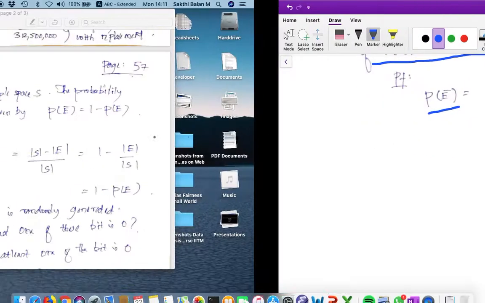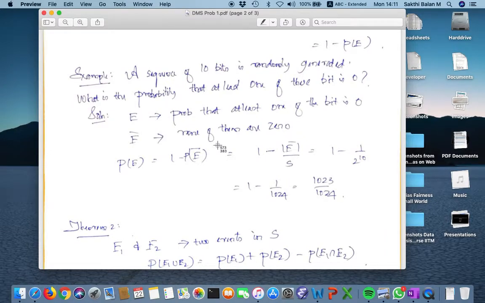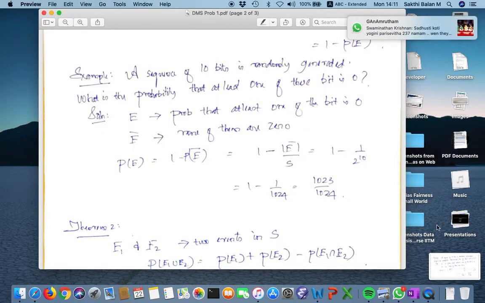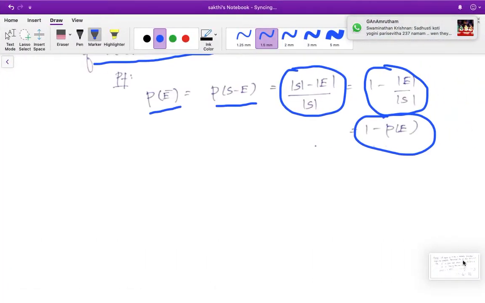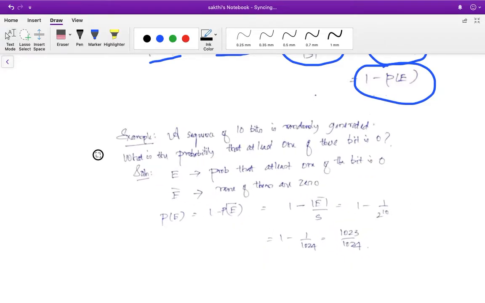Okay, so for that first example, we will take this one. I'll take the screenshot of that and then put it in OneNote. So let us put this here and enlarge it.